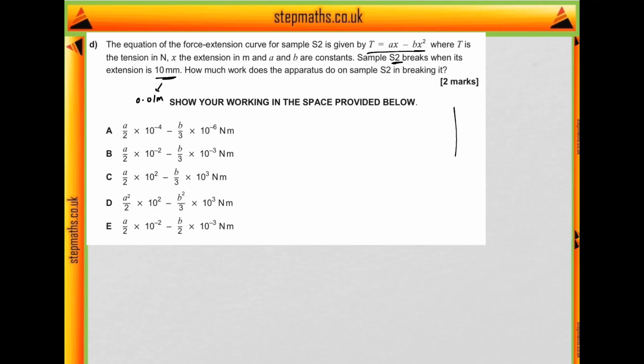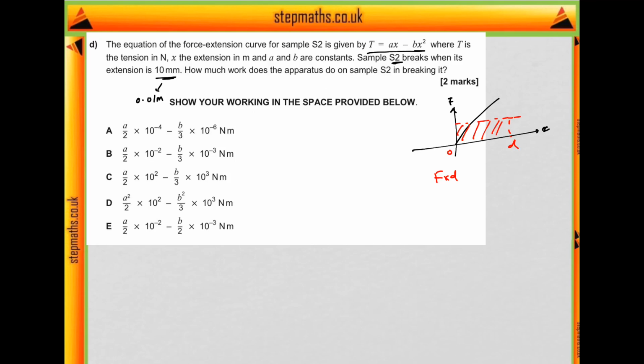Okay, so let's think about it. This is a force extension graph, so an Fx graph. Now, let's say we had another force that was a horizontal, constant force. Then how would we find the work done when moving from the origin to this point D here? Well, we would just do force times distance, right? But this would give us the area under this graph.